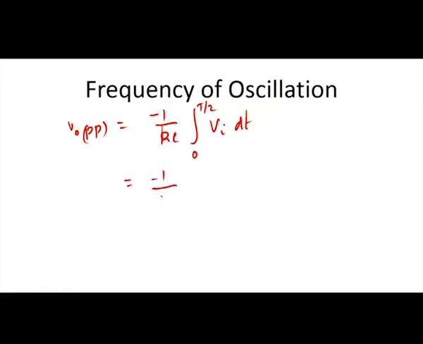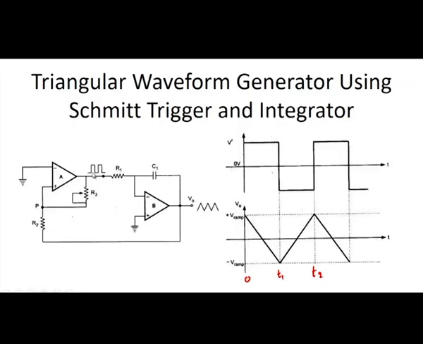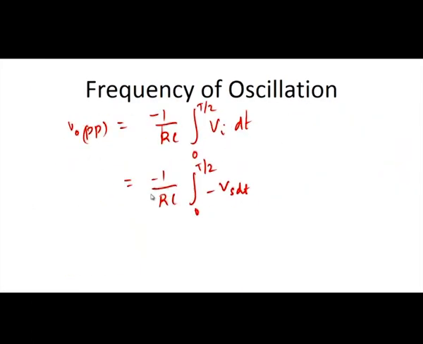Now, consider this Vi as minus V saturation, because we have seen that either a positive V saturation or a negative V saturation will be the input of the integrator. For our calculation, I have considered the input of the integrator for this particular time, 0 to T by 2, as minus V saturation into dt.